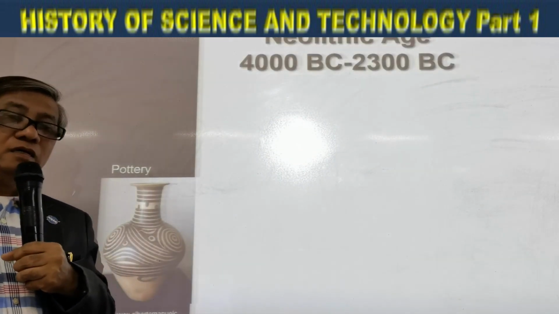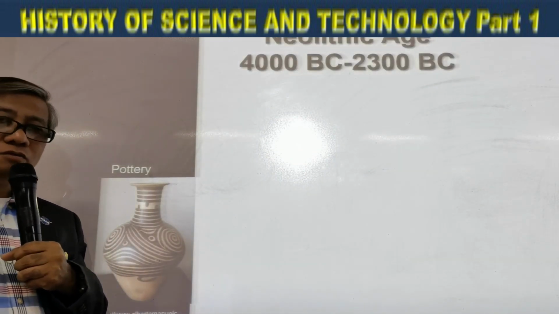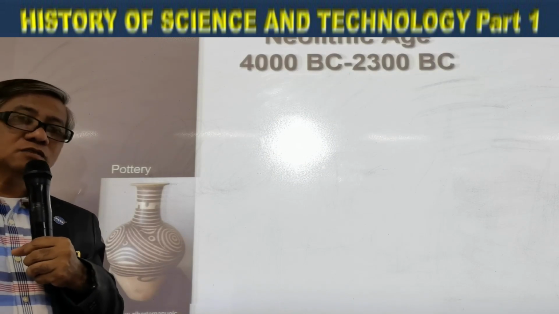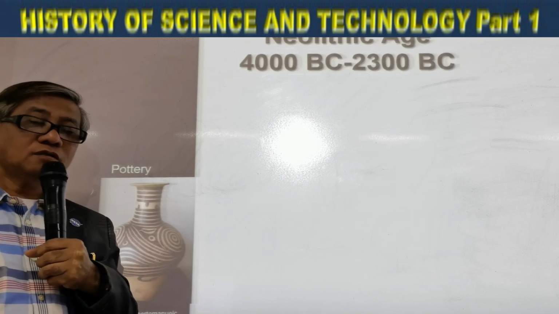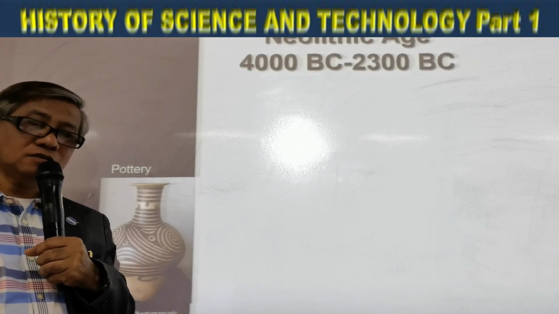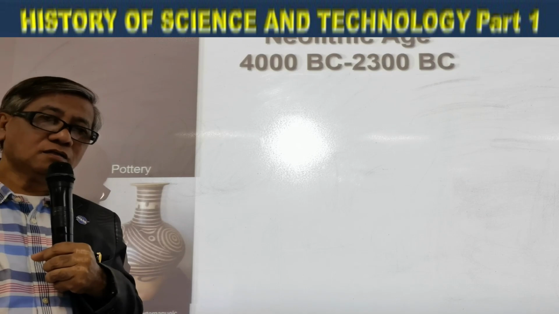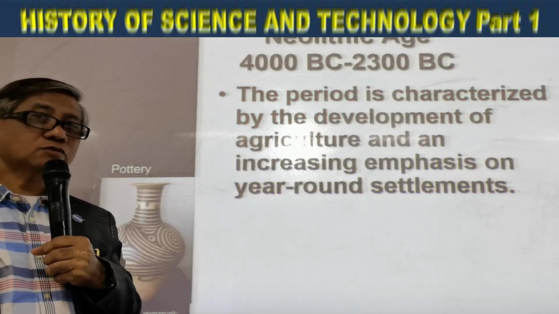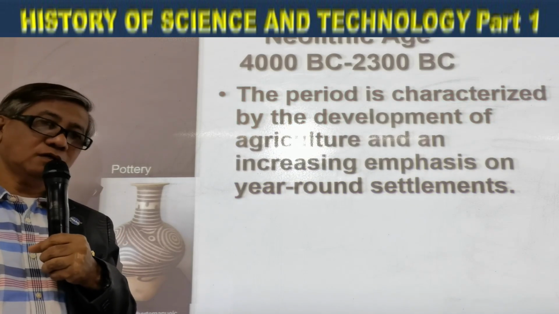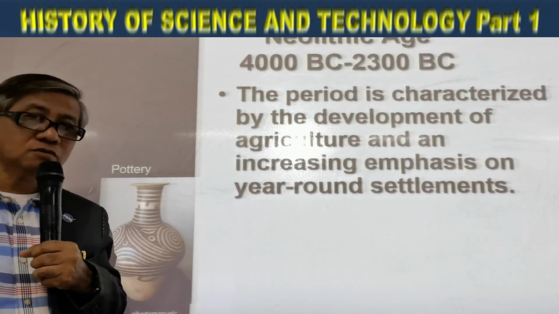And we have the New Stone Age or the Neolithic Age. So this is between 4000 BC to 2300 BC. So how do we characterize the Neolithic or the New Stone Age? So this period is characterized by the development of agriculture.